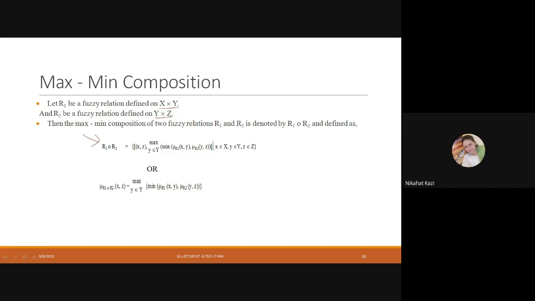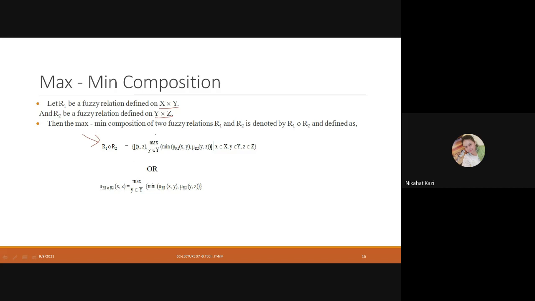Then what is max min composition? You just take the min of xy and yz. xy is from R1 and yz is from R2. So you compare the membership values of these two pairs, find out the min, and then you will get a set of such values. From this set of values, you find out which is the max.